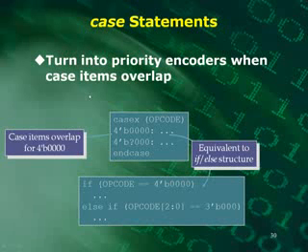But what happens is if you do something that's not mutually exclusive in case statements, such as this one here, where they overlap, then it's actually turned into a priority encoder when the case statements overlap. So it would look like this. This would be a priority encoder. It would take this one first.